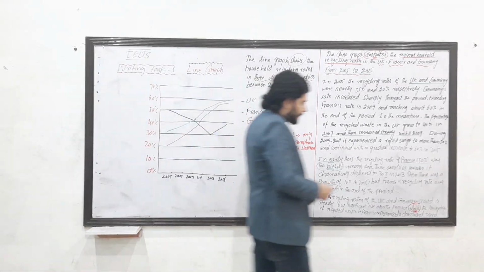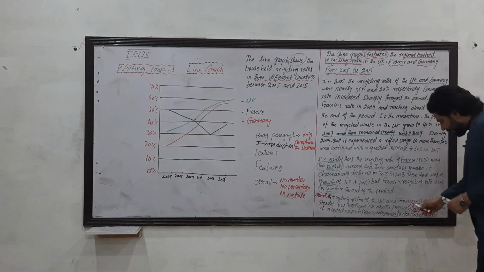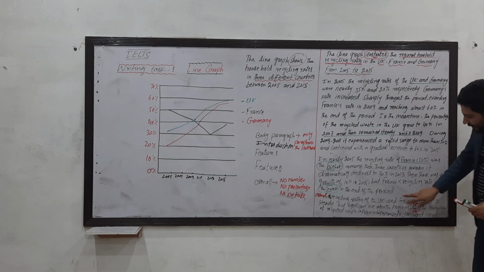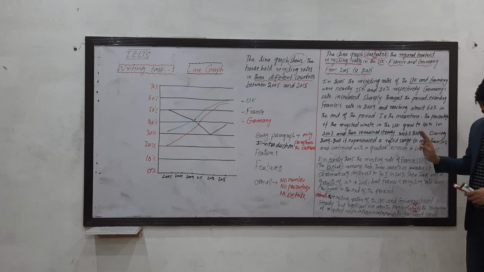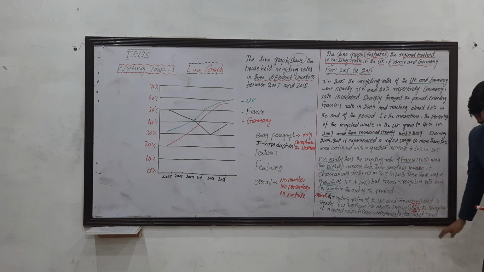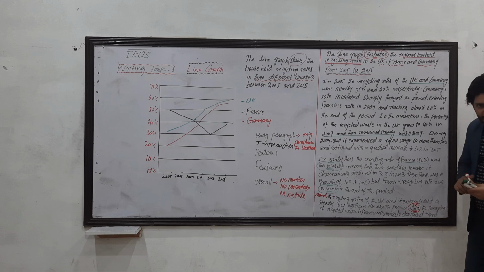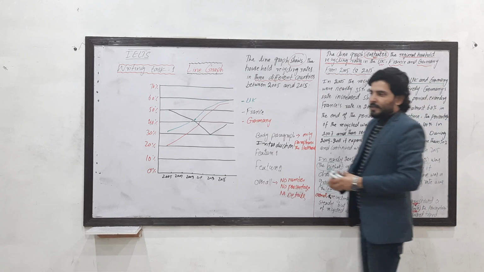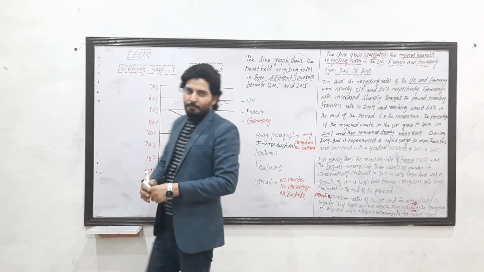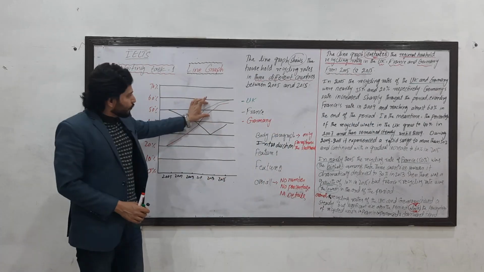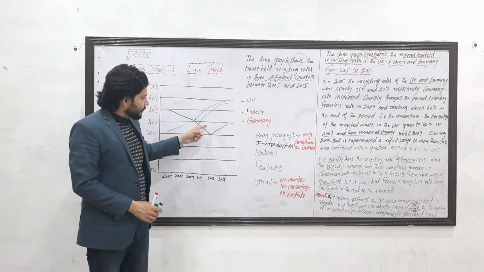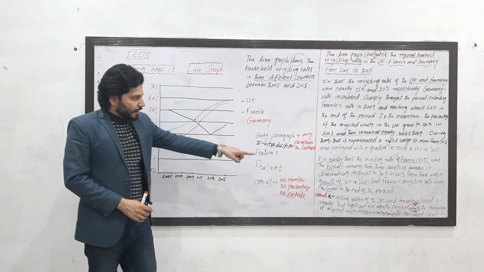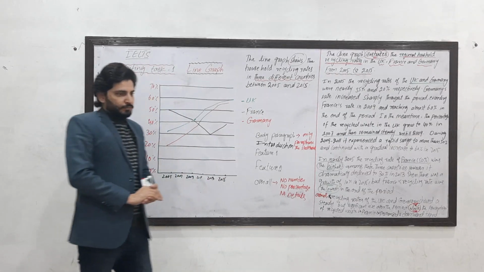I use the word while because these two trends were going upward and the third trend was downward. I have to use a contrast signal word, and while is a contrast signal word, so we'll use while because these two trends were upward and this one was downward. That's why we used while.